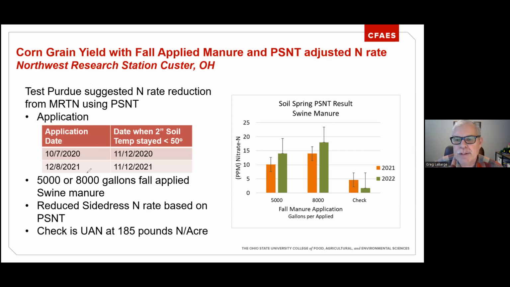With the 5,000 gallons of manure, depending on the year, we got anywhere from 10 to 14 parts per million nitrate level. And with 8,000 gallons of manure, we were between 14 and 18. Our check is back down around 5 parts per million, kind of a background soil test level.